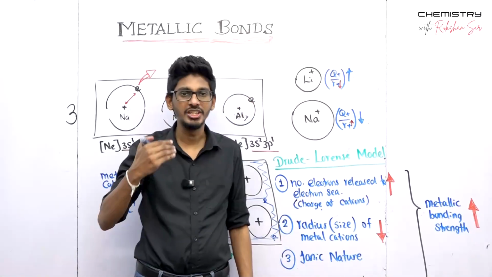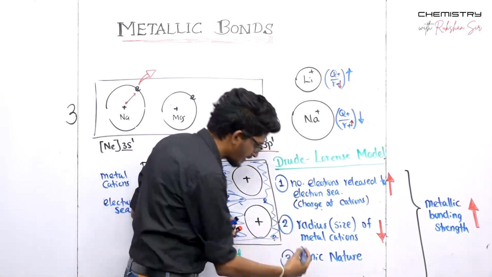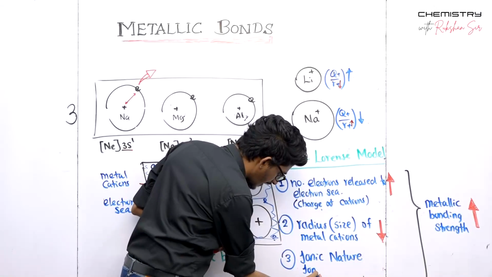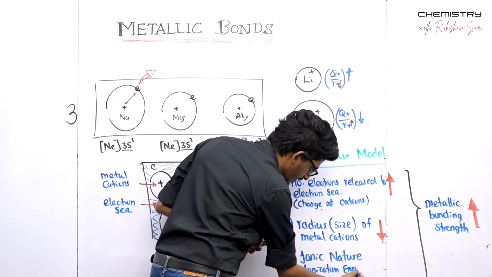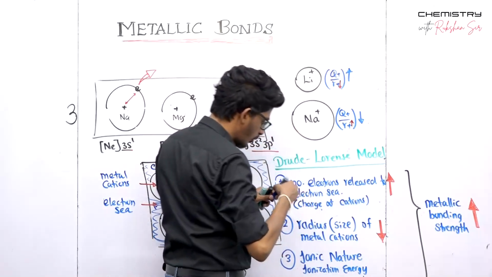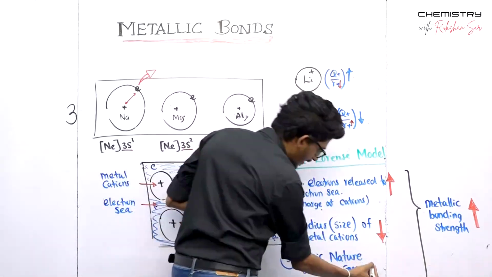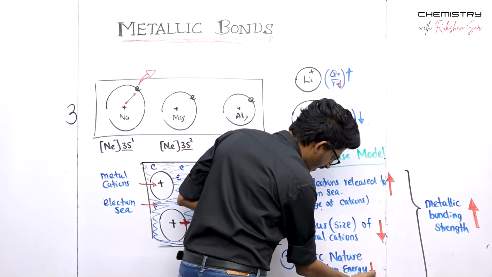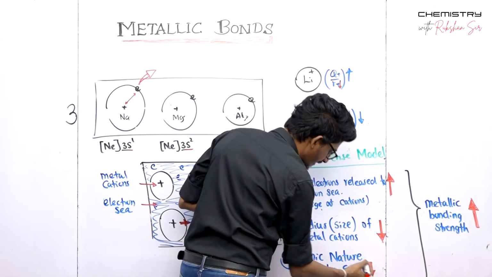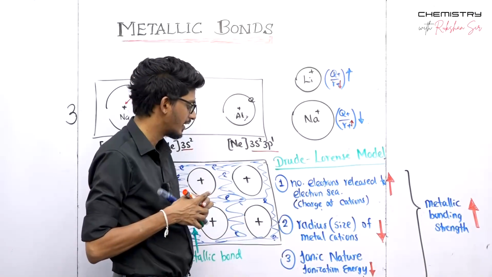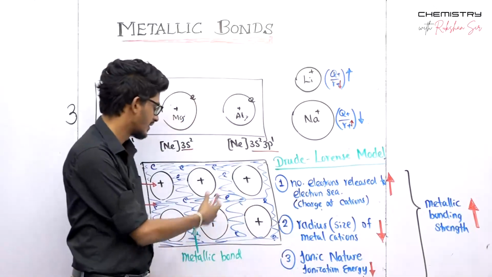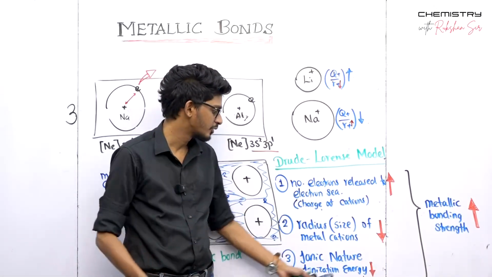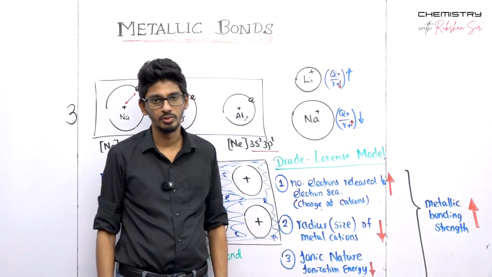When the ionization energy is low, that means the electrons are easy to release. Even with a lower energy, the electrons will be easily removed to the electron sea if the ionization energy is low, right?